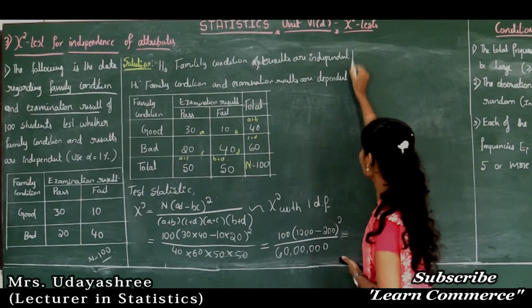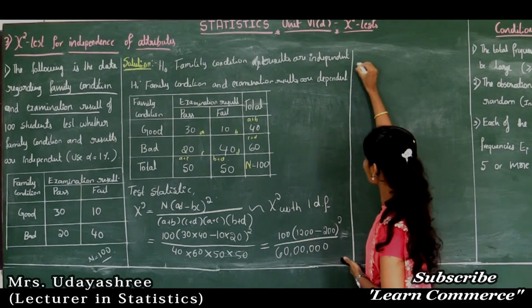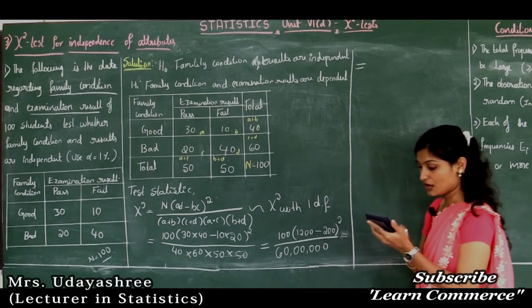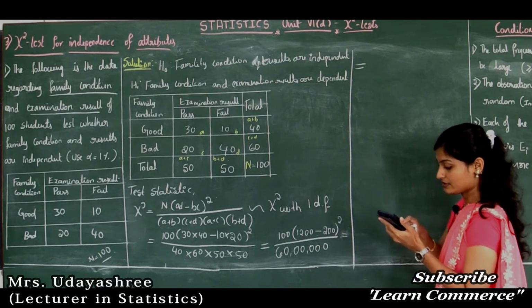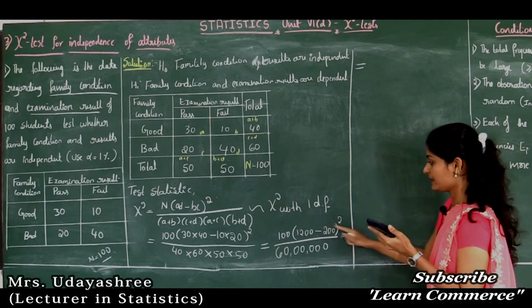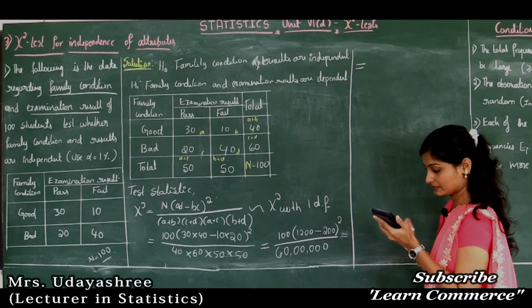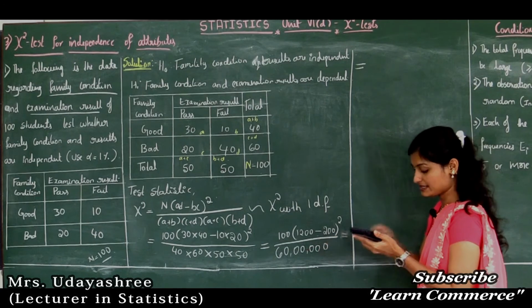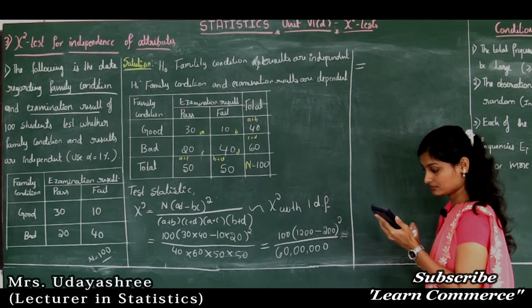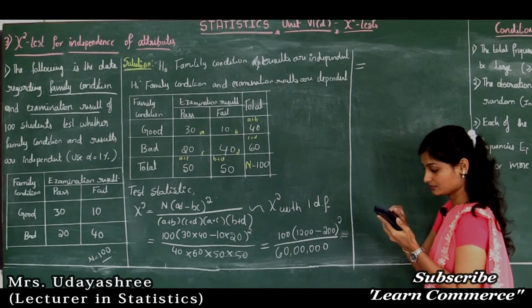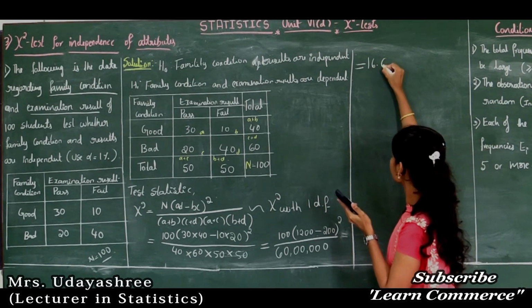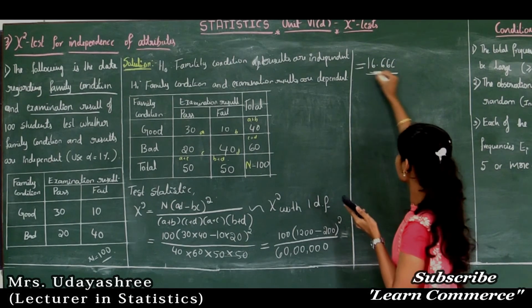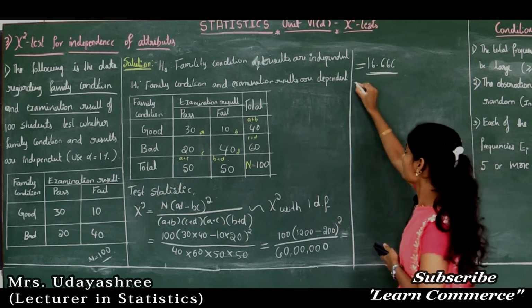So 1200 minus 200 is 1000, then 1000 whole square into 100, divided by 6,000,000. The answer is 16.666.